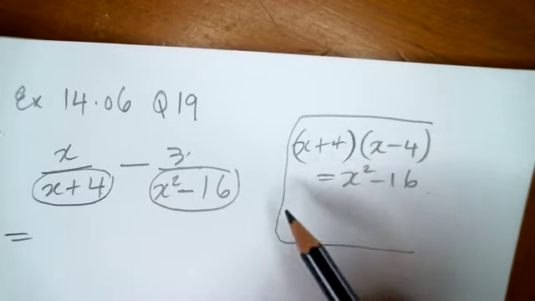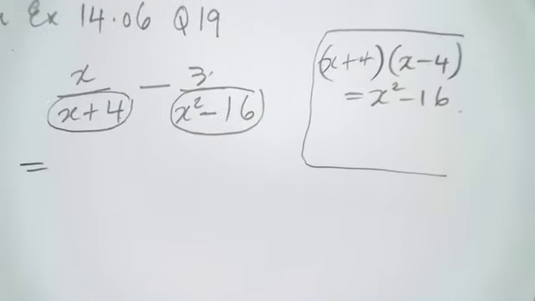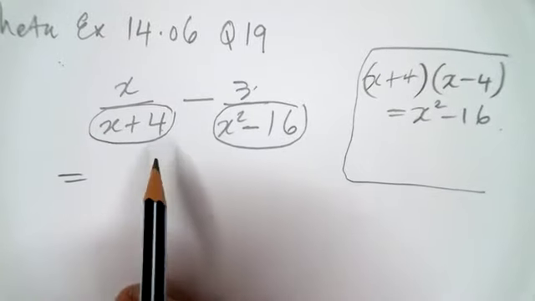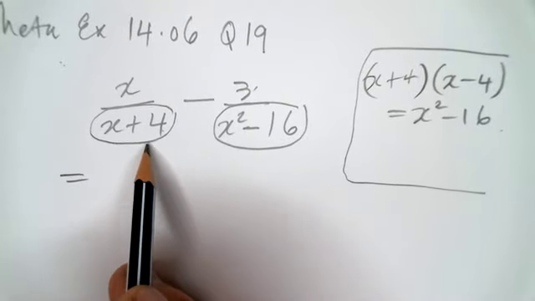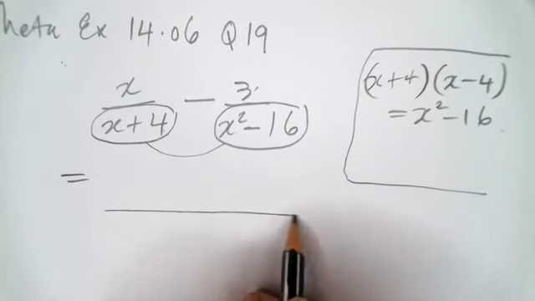But let's just see what happens when we go ahead and play around with this a little bit. I'm actually going to leave it, though. I'm not going to multiply these together and expand them. I'm just going to leave it like that. So I'm going to go x plus 4.